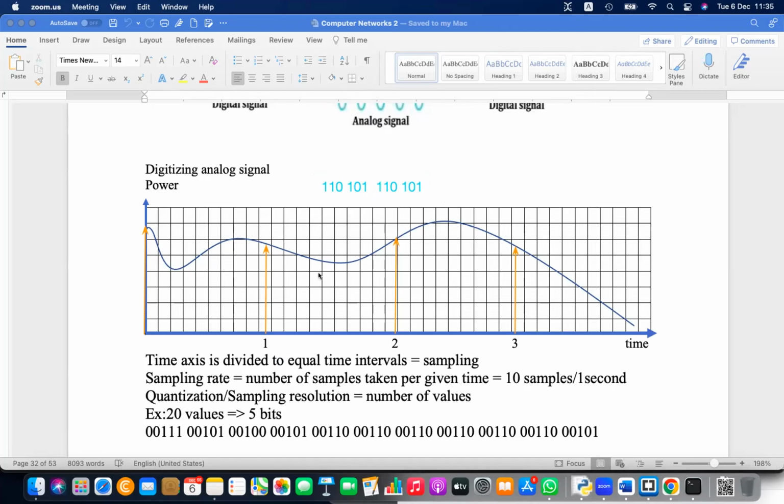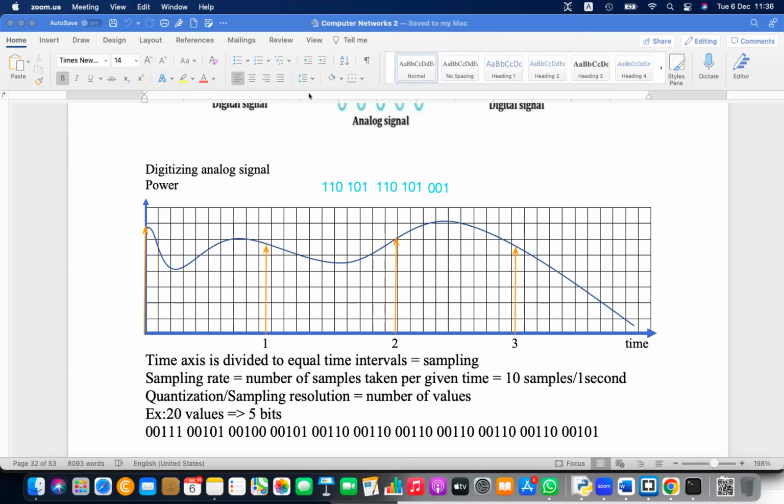The ending signal is basically 0, 0, 1. That is the last one. Okay, you can see this is your digital signal.